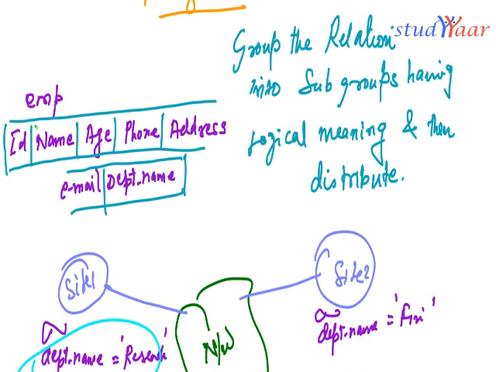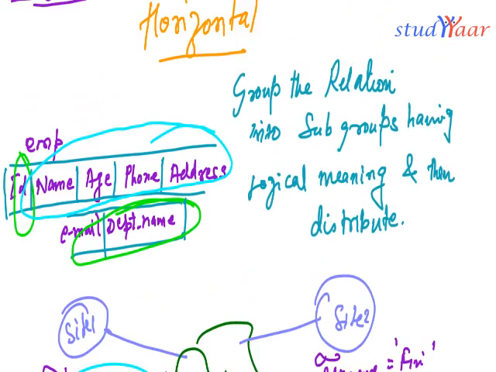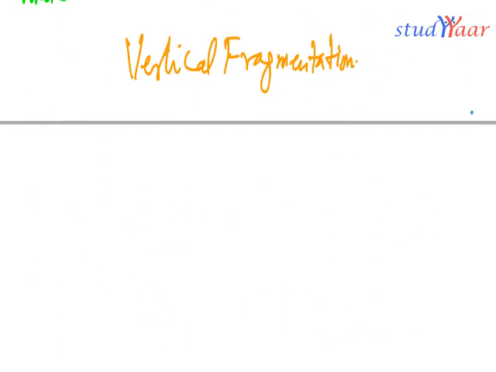So I have my employee relation, so what I can do is I can keep my ID, my email and department name at one location, and at the other location I can keep my ID, name, age and phone number.